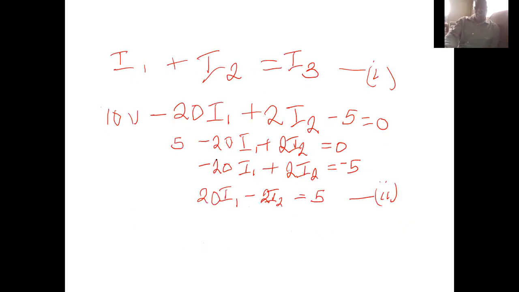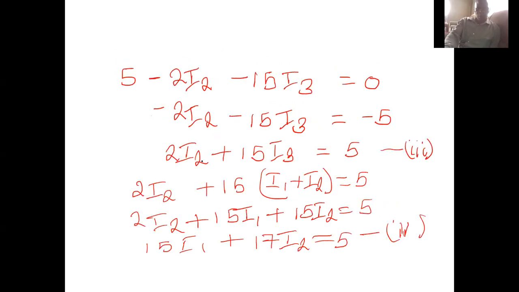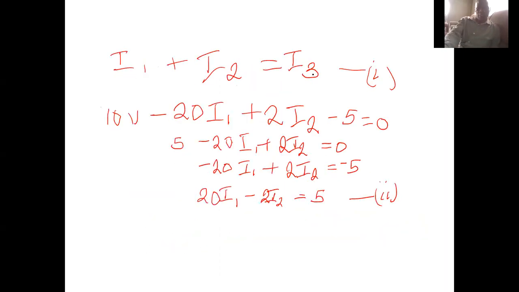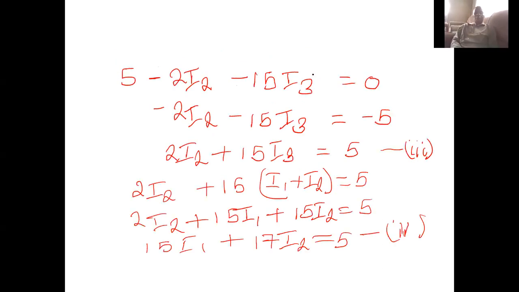And so equation 2 is 20I1 minus 2I2 is equal to 5. That is equation number 2. Then we go to equation number 4, 15I1 plus 17I2.